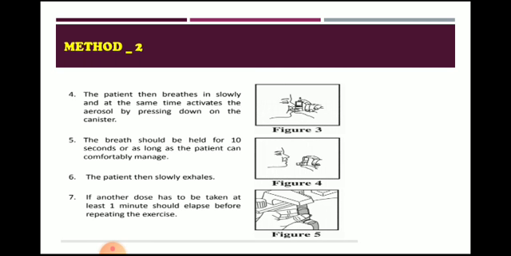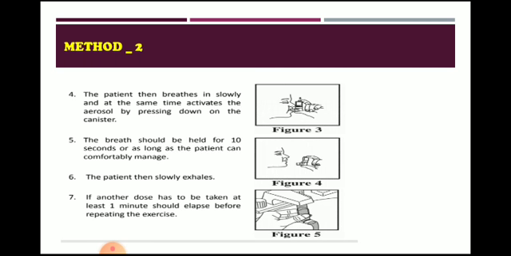Second method: the patient should breathe slowly and, at the same time, activate the aerosol by pressing down the canister. The breath should be held for 10 seconds or as long as the patient can comfortably. The patient then slowly exhales out.